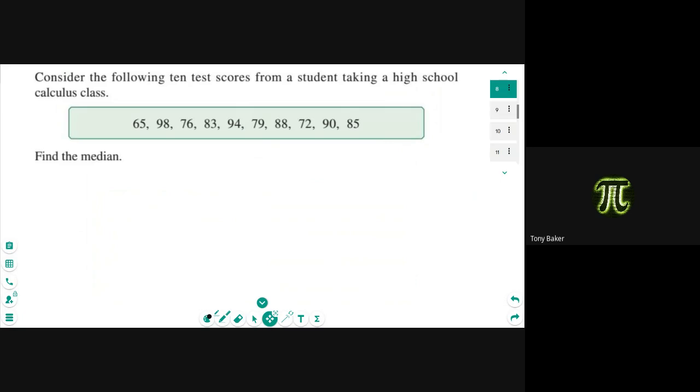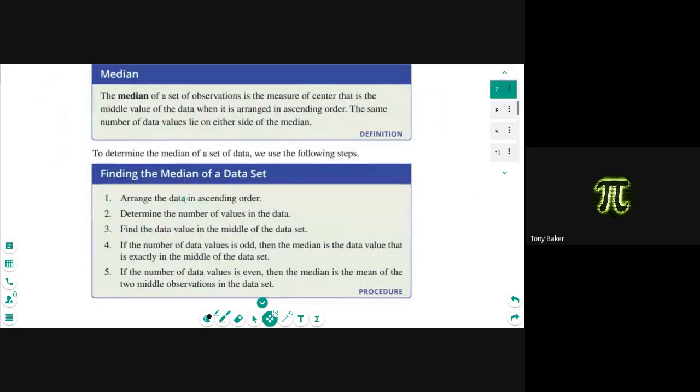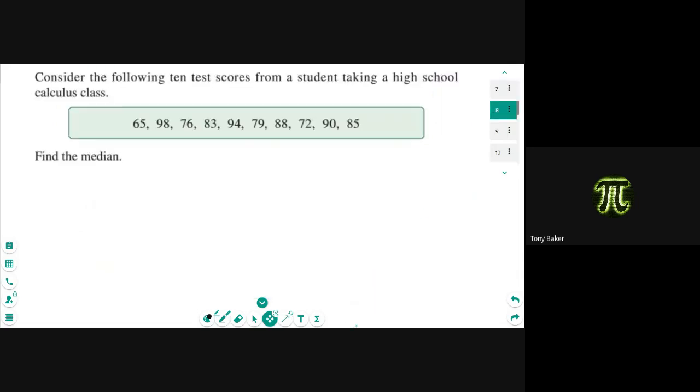Okay, I haven't done it yet, so give me a second. Oh, wait. You do have to put them in order. If you did not put them in order, let's go back. What was the very first step? Arrange data in order. Very important step.